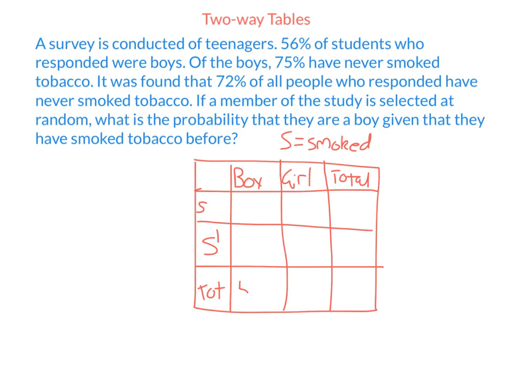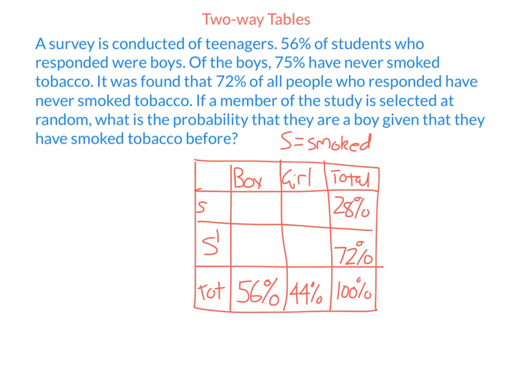We wouldn't be able to put that 56% in a Venn diagram. Of course, if 56% were boys, then 44% were girls, because 100% would be the total. We're also told 72% of students have never smoked before. So 72% goes there. Obviously, that means 28% goes here that have smoked.